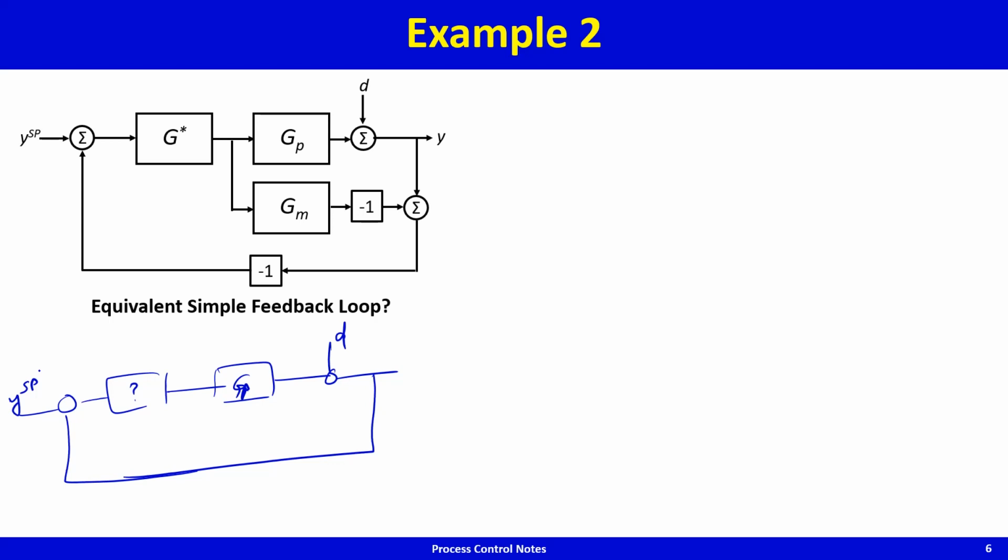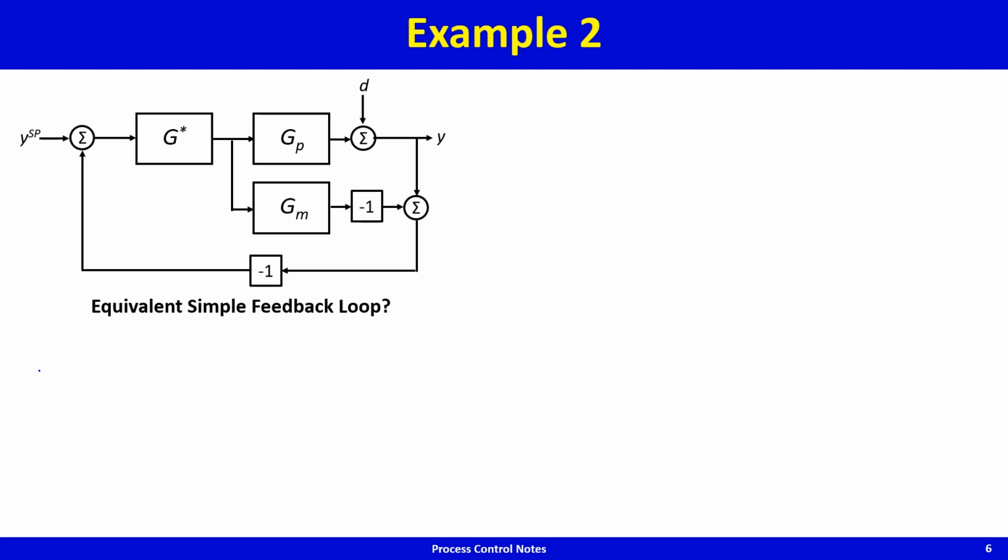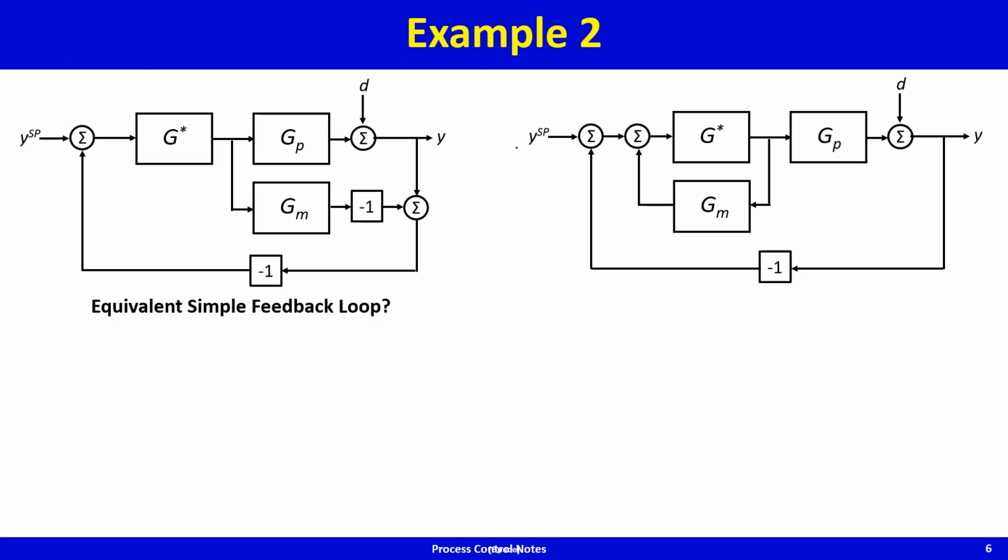So if you look at this guy, this is -1, this is -1, so this signal is actually positive feedback. So you can see that this guy is actually equivalent to, maybe I should just bring in the, this block diagram is the same as this block diagram, and we are just using the fact that the order of addition and subtraction is irrelevant.